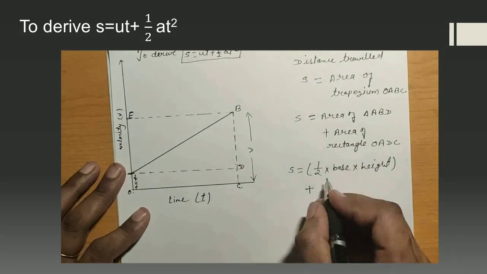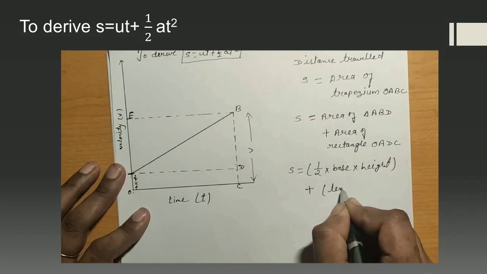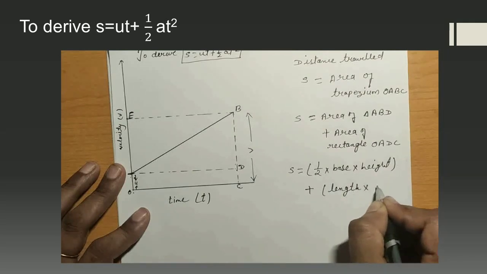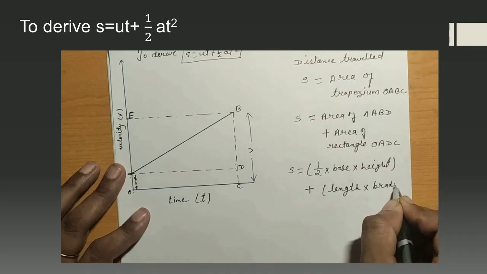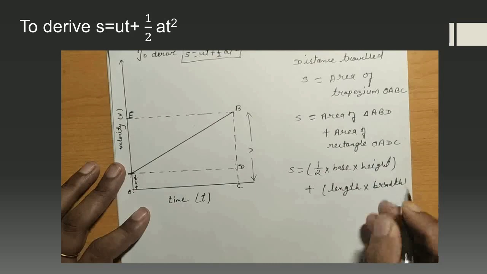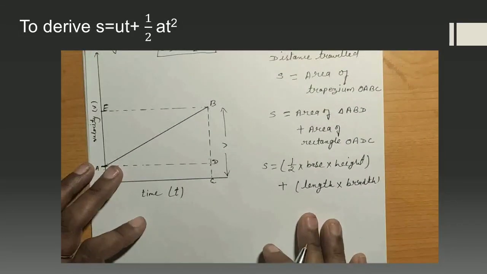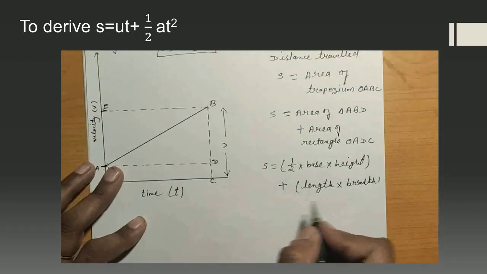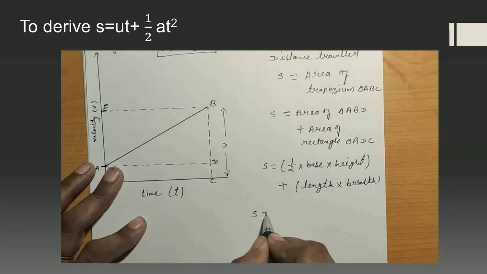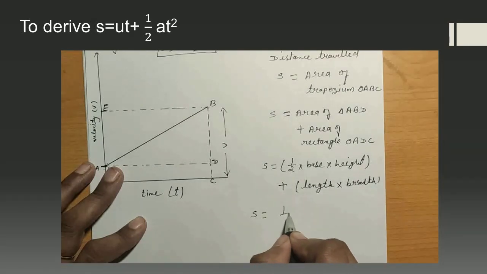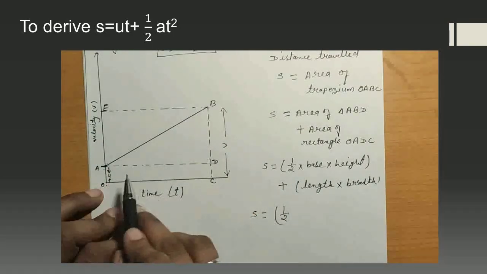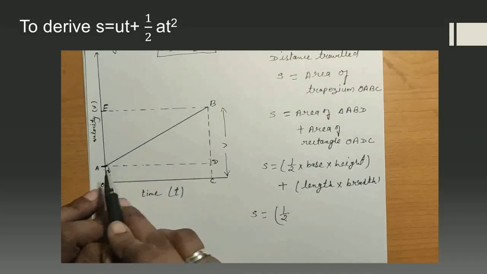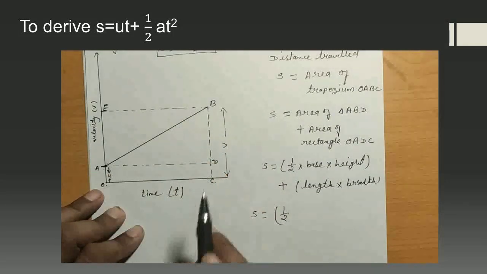What is the area of a rectangle? That is length into breadth. Clear? So now our next step will be half. What is the base of this triangle ABD?